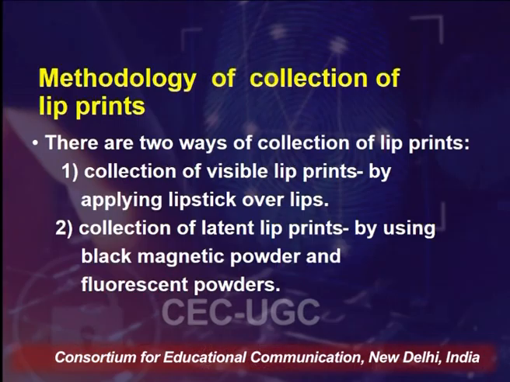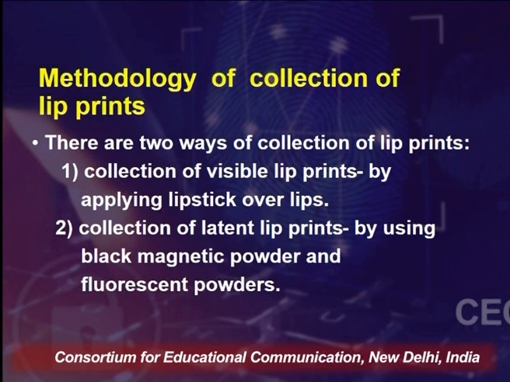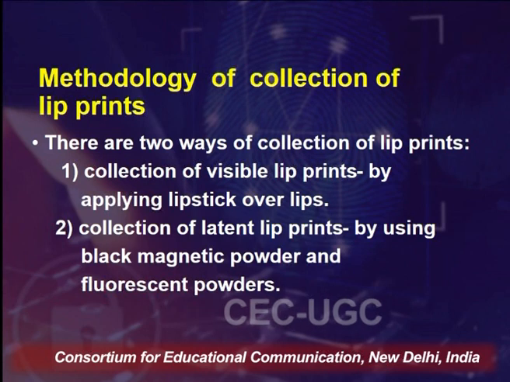So there are two ways of collection of lip prints: the collection of visible lip prints by applying lipstick over lips, and the collection of latent lip prints by using black magnetic powder and fluorescent powders.